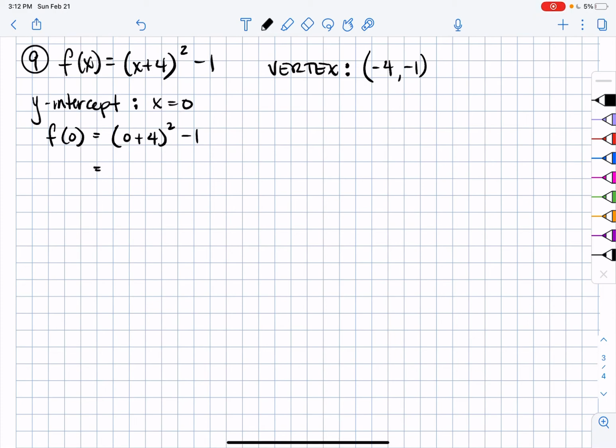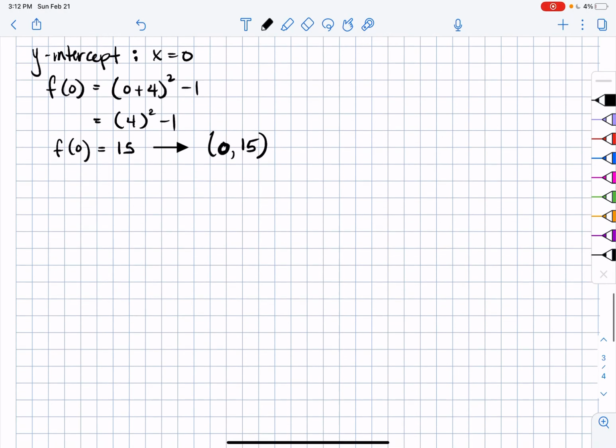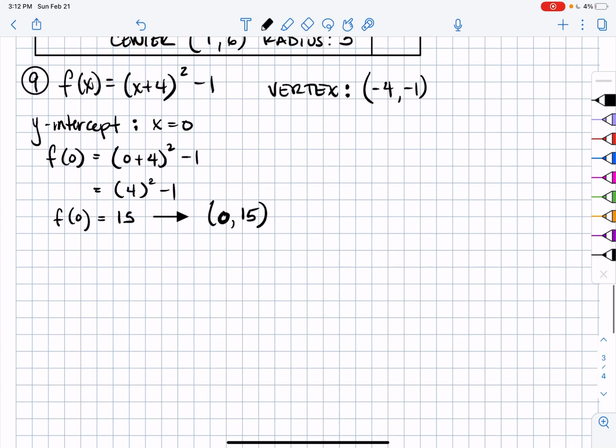So that's going to be 4 squared minus 1. So f of 0 is equal to 15, which gives me the point 0, comma 15. Okay? All right. So now let me find the x-intercept.